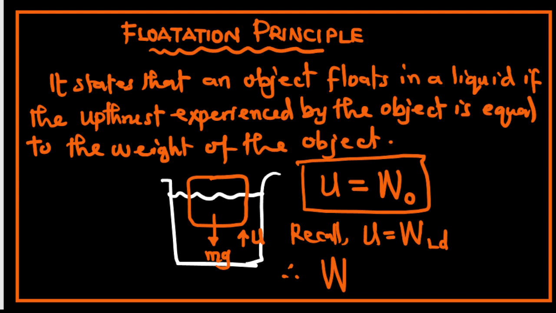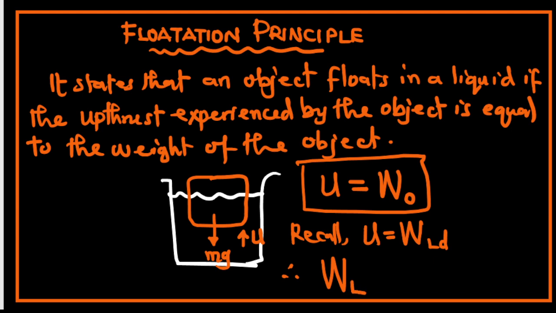Please, this principle, you cannot just use it anyhow. You have to be sure that there is flotation, or the question has to be particular about flotation before you can equate upthrust to weight of object. If the object is not floating, or if you are not conditioning an object to float, and you go ahead and use upthrust equals to weight of object, you are completely on your own. So what we have is upthrust being weight of object and also being weight of liquid displaced.